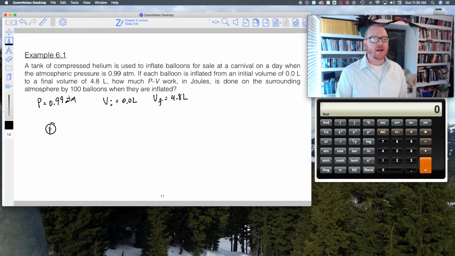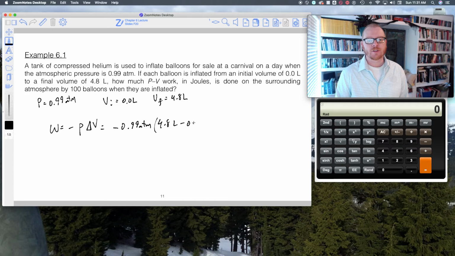And so our formula is work equals negative P delta V. And so that's going to equal negative 0.99 atm. And then it's final minus initial, right? So that's 4.8 liters minus 0.0 liters.